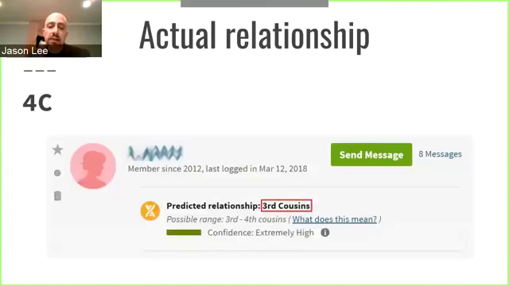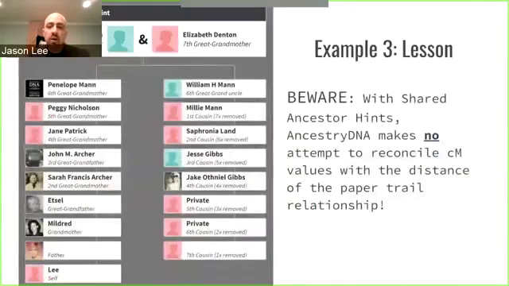But going back to this match, based on the amount of shared DNA, Ancestry DNA was predicting that we were third cousins with extremely high confidence, possibly third to fourth cousin range. So there's a discrepancy between what the DNA was saying and what the shared ancestor hint was saying.